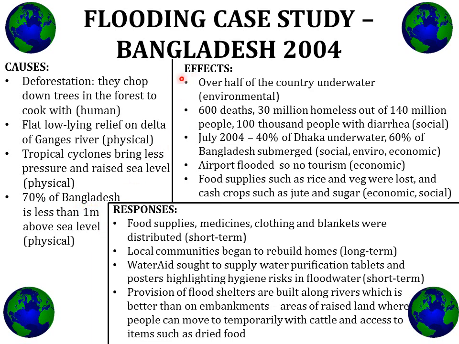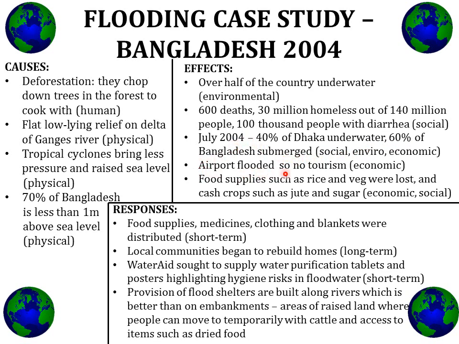So there were 5 main effects of the flood. Over half of the country was underwater, an environmental impact. There were 600 deaths, 30 million people homeless out of the 140 million population, 100,000 people with diarrhea, 40% of Dhaka was underwater, and 60% of Bangladesh had submerged by July 2004.